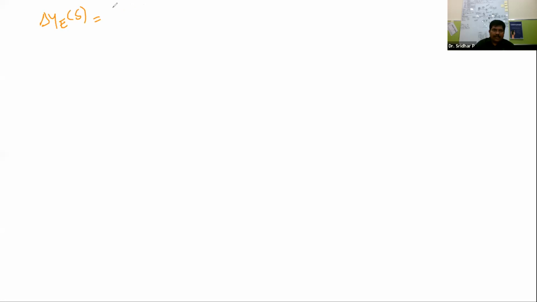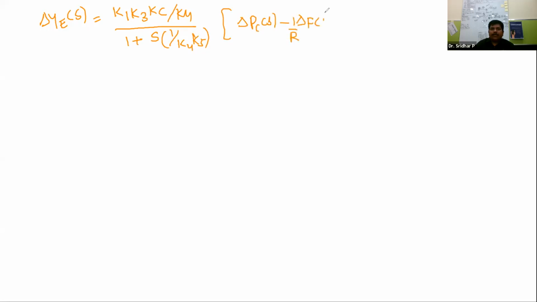So this value is K1, K3, Kc by K4 divided by 1 plus S into 1 by K4 K5. So this is one expression, and this is delta Pc of S minus, sorry, I am writing 1 by R into delta F of S. This is the one expression.